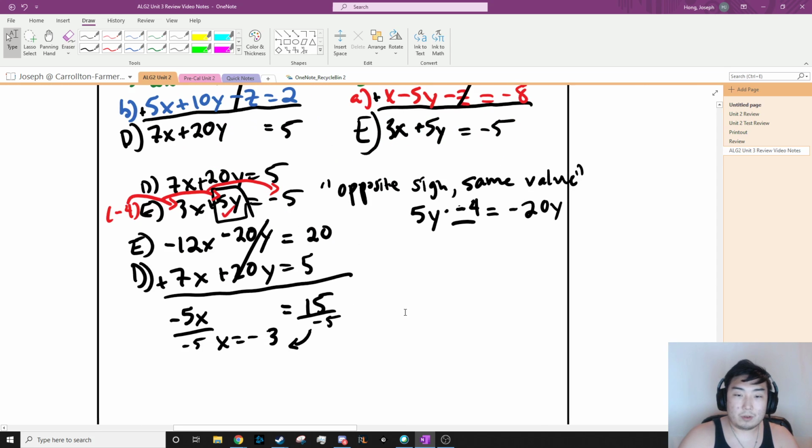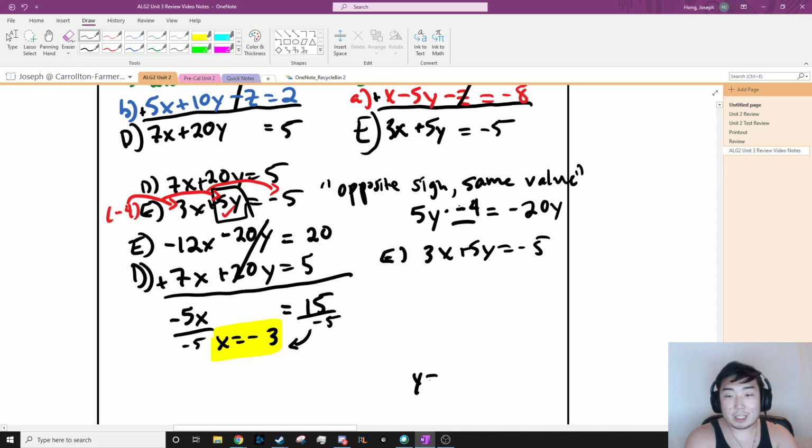So what I want to do with this negative 3 right here, which I'll highlight because this is important, is plug this into equation E, because it's easier. 3x plus 5y is equal to negative 5. And my goal is to get y equals a number. And I know what this x is.